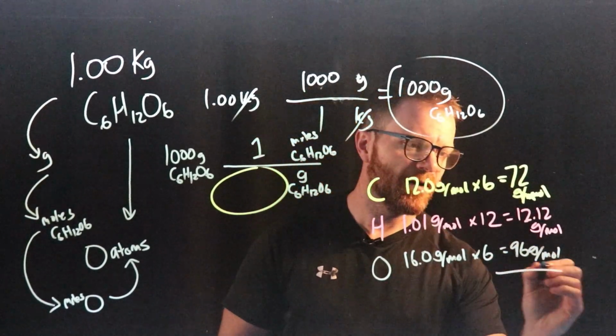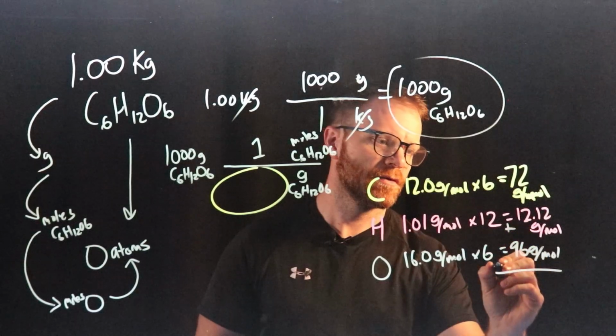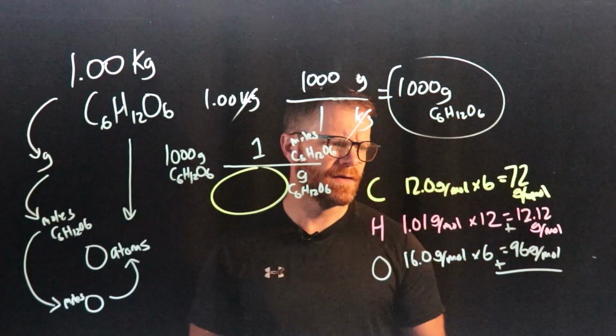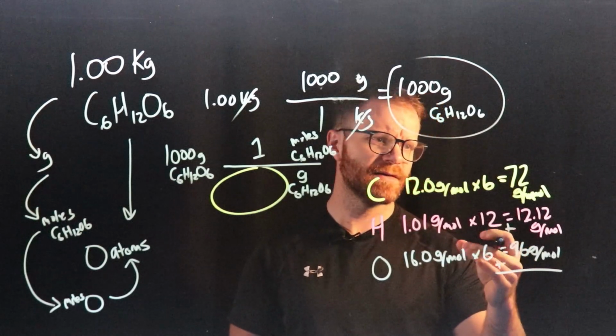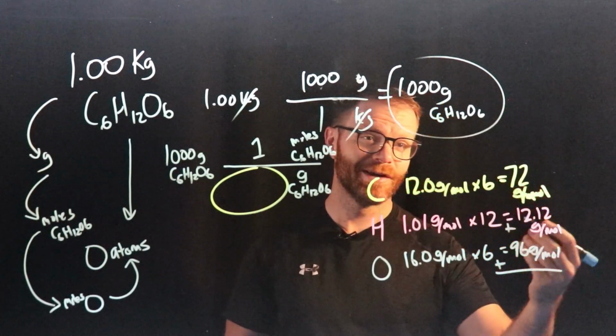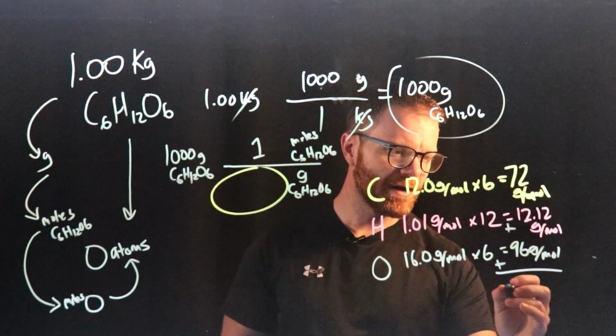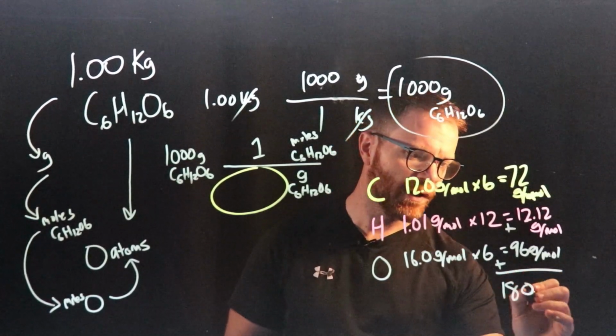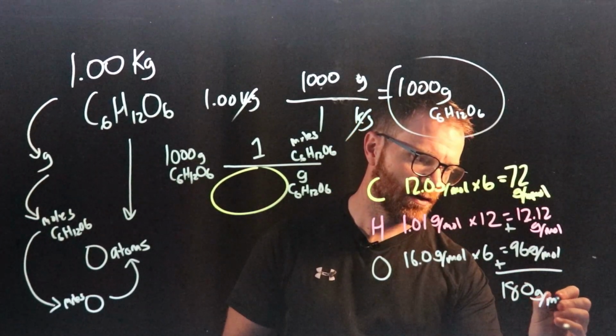And then if we add all these up, 96 plus 12 is 108, plus 72 is 180.1, which we can just round to 180 grams per mole.